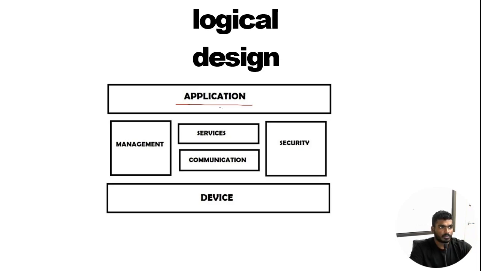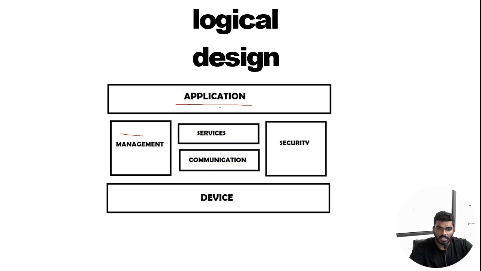Coming to the management layer, its purpose is to oversee the entire IoT system, like managing devices, users, and the network. For example, network management tools monitor device performance, battery levels, and data usage, and ensure the devices are operating correctly.